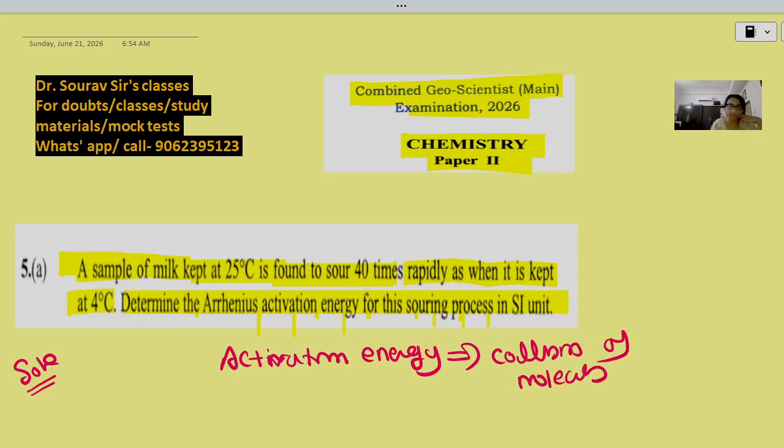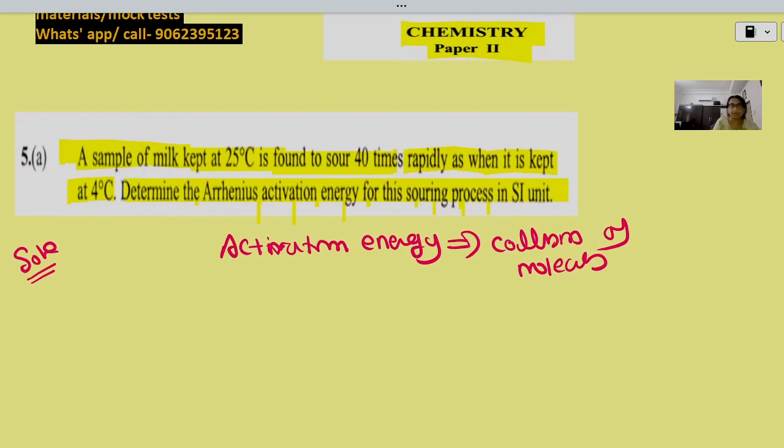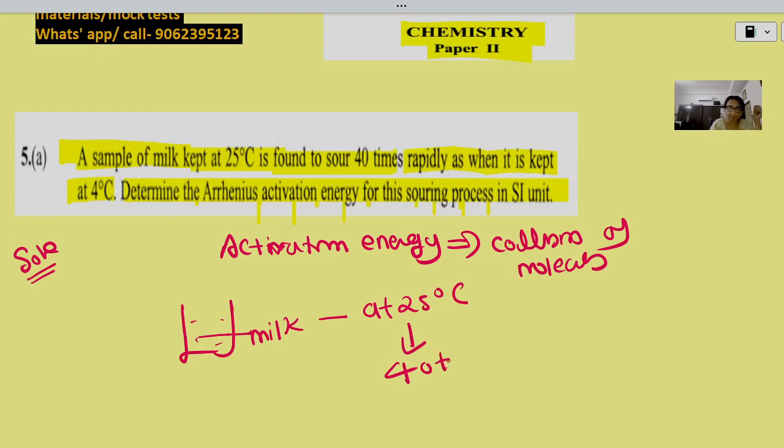Okay. Now in this question, a sample of milk kept at 25 degrees Celsius is found to sour 40 times as rapidly as when it is kept at 4 degrees Celsius.